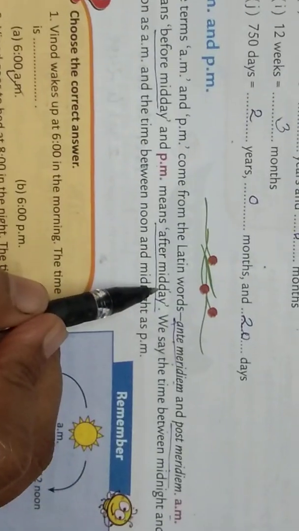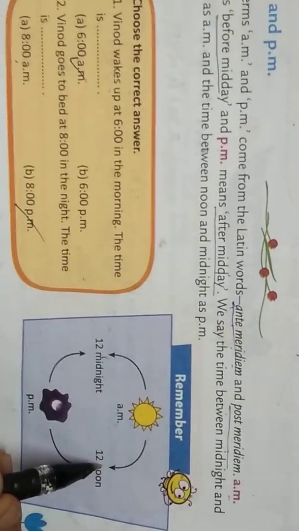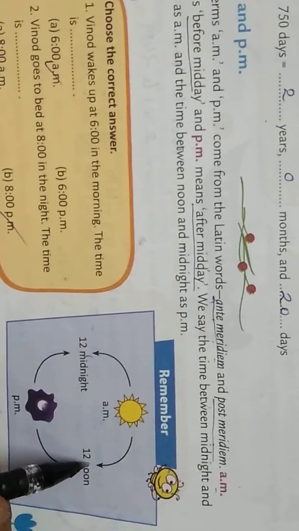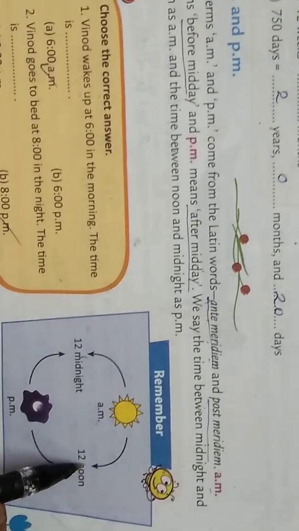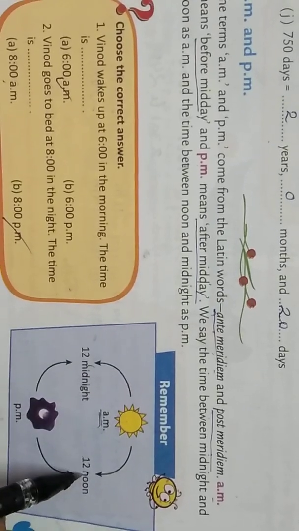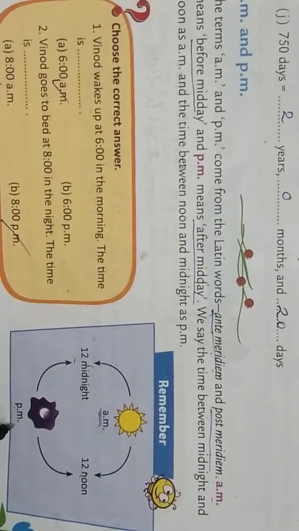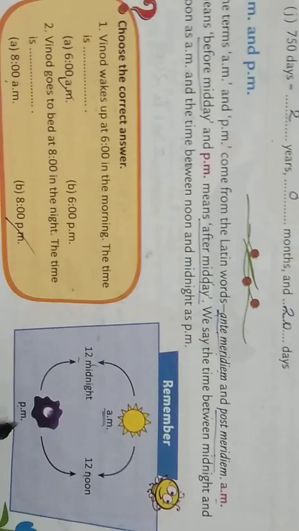That means from 12 midnight to 12 noon we add AM to the time, like 8 AM. From 12 noon to 12 midnight we add PM, like 7 PM or 9 PM. In normal time, we use this AM and PM.